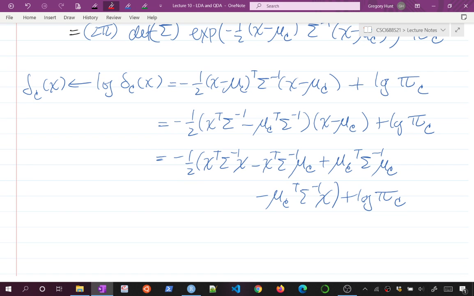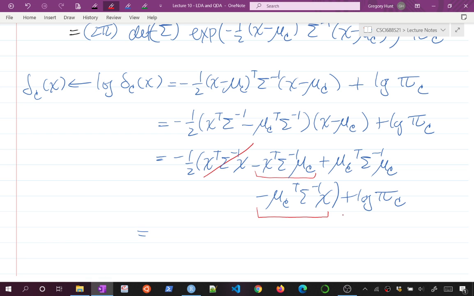Now notice anything that doesn't depend on the class, we can ignore, because it would be the same for all discriminant functions. So that we don't need to care about. Is there anything else that we don't care about? I think that's it. And notice that this thing and this thing are the same.